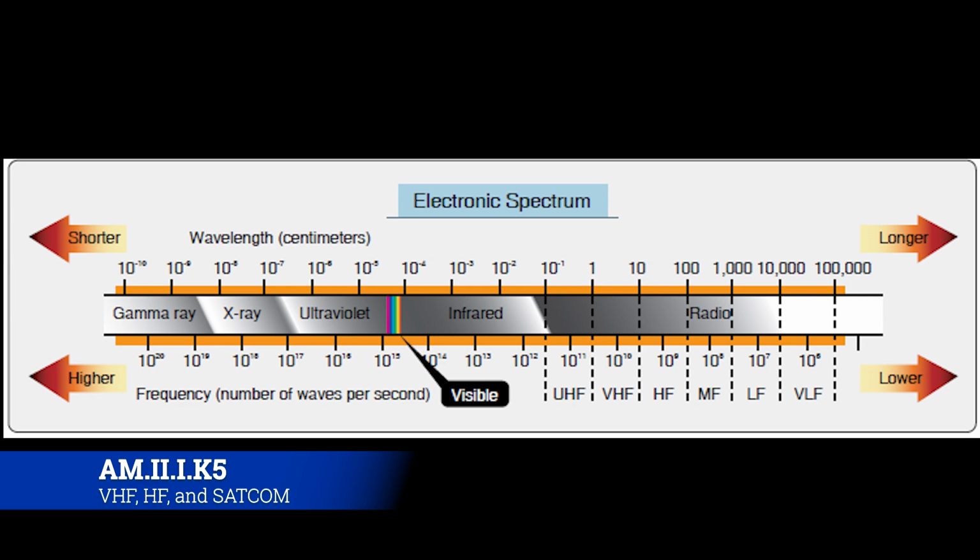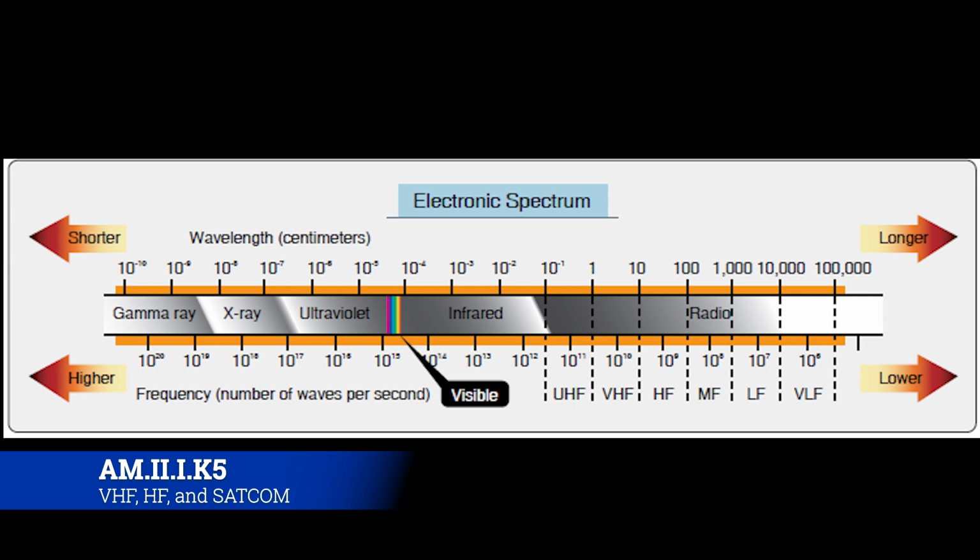You get all the benefits of lights, but if you don't have NVGs on, then you can't see anything. It looks totally black because our eyeballs are not optimized to see the infrared spectrum. But as we progress on, we cross this little threshold at 10 to the negative 1 there, and we start getting into radio waves.